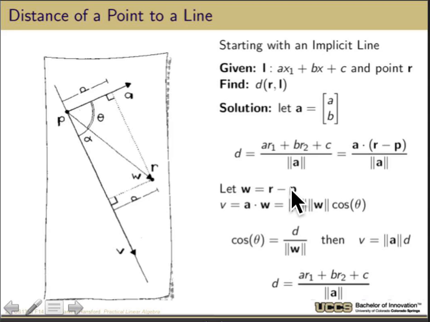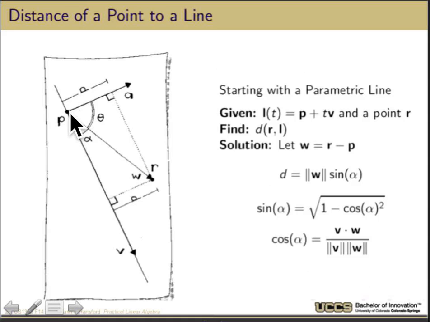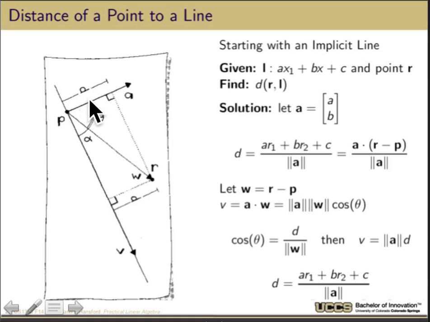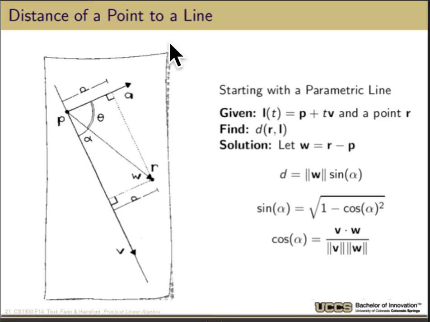That would be r minus p, and we know that its dot product a dot w is the norm of a times the norm of w times the cosine theta of the angle between them. Okay, so cosine theta is equal to d divided by w, again just from geometric construction. Cosine is adjacent over hypotenuse, so it is d divided by the norm of w. And then, since we know what a is already, that'll say what d is.